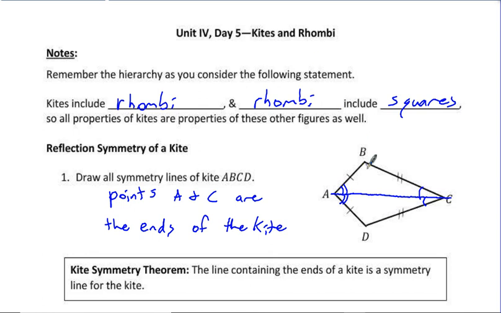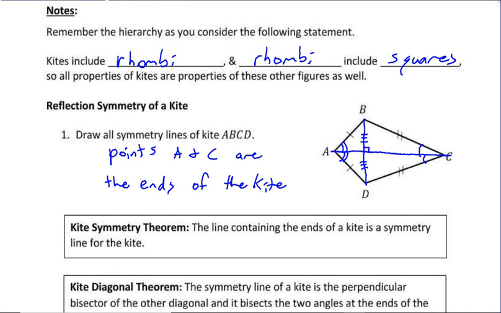You also might say that the diagonal connecting points B and D would be bisected as well. If these angles were bisected, then this segment would be bisected also. And what we're going to see in just a moment is that it is bisected specifically at a 90-degree angle.